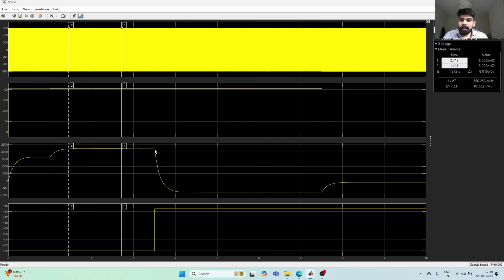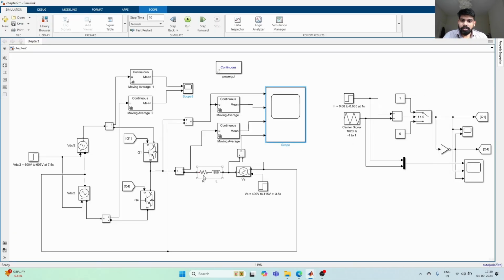And similarly, we get a negative current when the drop across the RL branch was negative, because the source voltage was increased to a higher value than the terminal voltage, right? So from here, what we can conclude is that if we are supplying power to the grid, let's say the source side is the grid, and this is our system impedance or grid impedance, and we are controlling our converter.